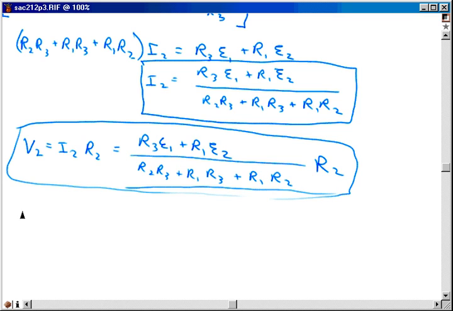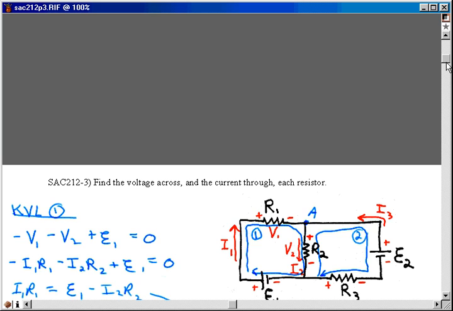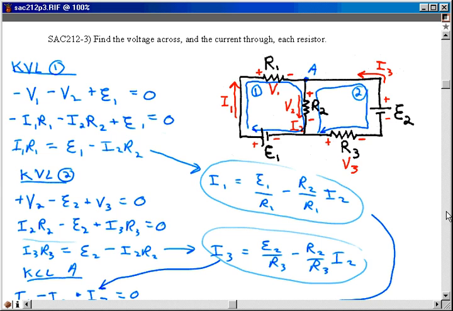Okay, then I want to get I1, the current through resistor R1. That's I1 right there, the current through R1, and we had an expression for it. We solved for it. It's right there, E1 over R1 minus R2 over R1 I2, in terms of I2, which is now known.